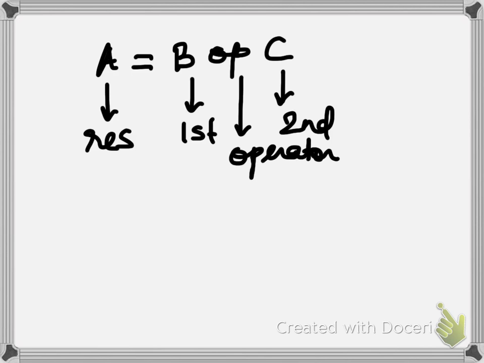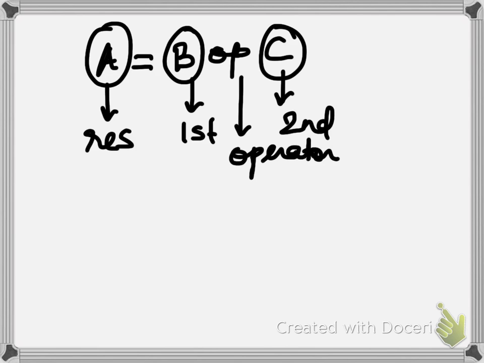All code is represented in the form of a sequence of statements of this format. And these A, B, C can either be programmer defined variable names or compiler generated temporary names. It's called three address because there are three addresses, for B, for C, and for A. And the operator is usually represented by some opcode.